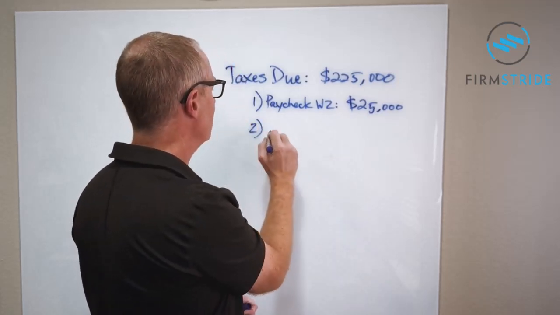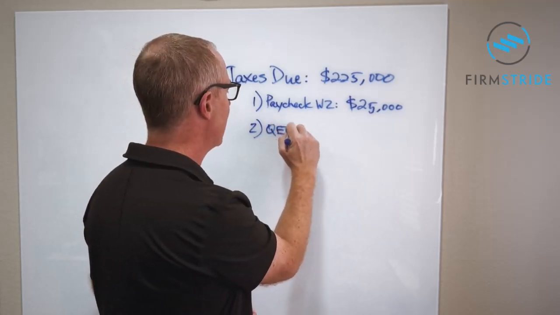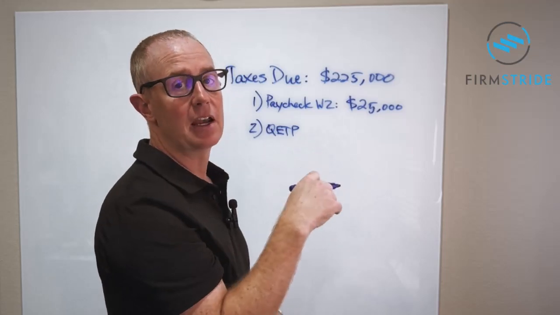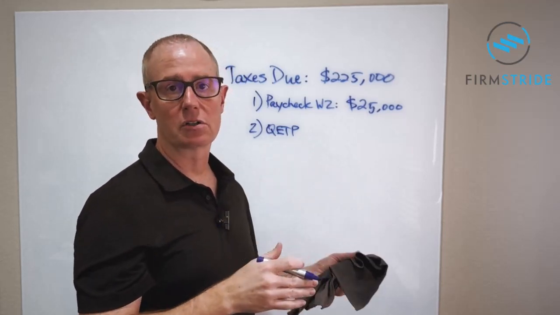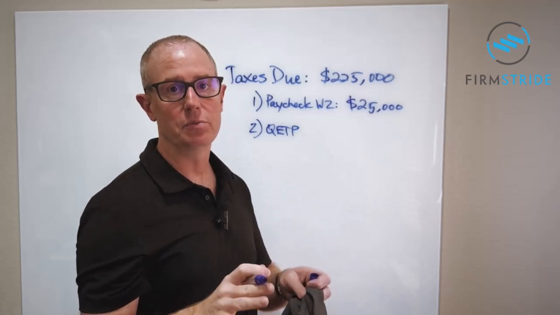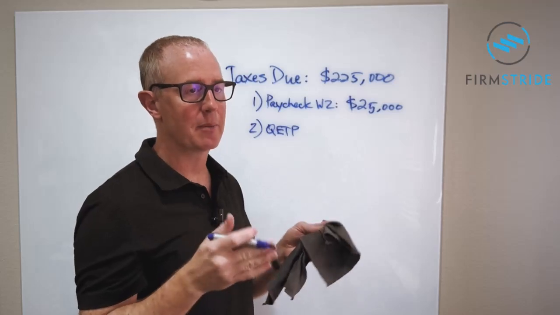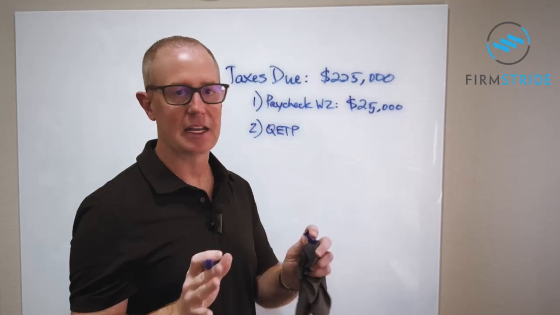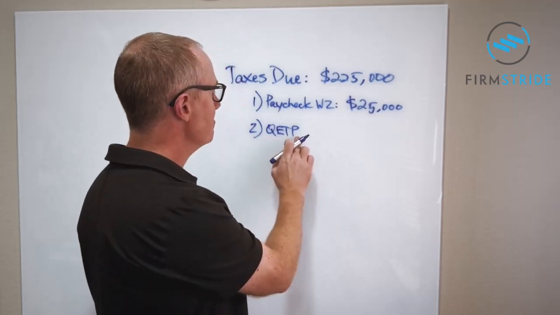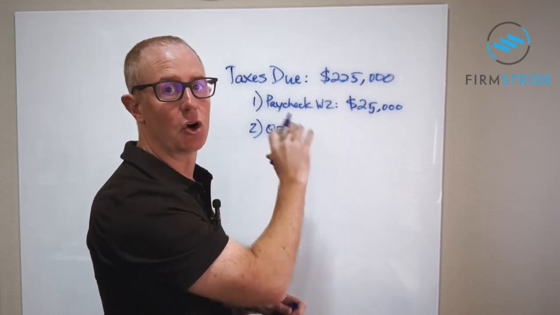The second way that you pay your taxes is with your quarterly estimated tax payments. These are made 4 times a year, and they're generally made after the quarter closes. Now, that's different for the June payment. The June payment is right smack in the middle of Q2, and it is the payment for Q2. I do not know why the IRS does this, but that's the date. So you're going to pay money with your quarterly estimated tax payments in order to get the total paid in.